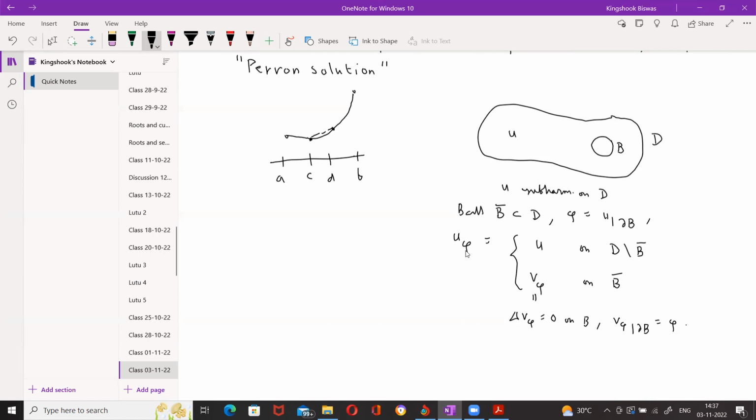This U sub phi is called the harmonic lifting. Well, I should call it U sub B, really. That's the notation I've used. So this U sub B is called the harmonic lifting of U with respect to the ball B.